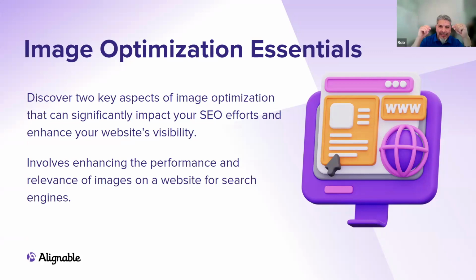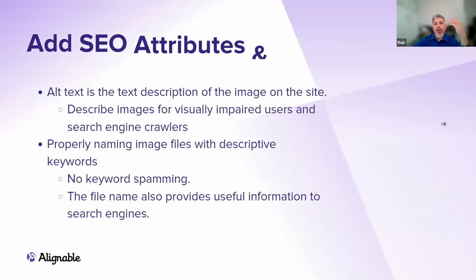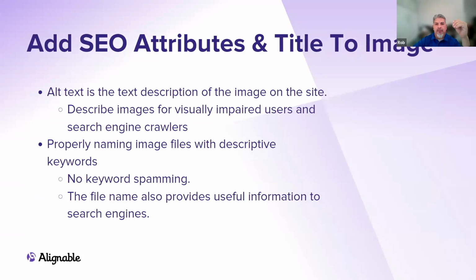I bought these on iStock, or I took these off my phone, or whatever. But there are a couple of things we need to pay attention to, and it does make a difference. Okay, so it's going to involve enhancing the performance and relevance of images on a website for search engines, and we want it to be relevant, right?